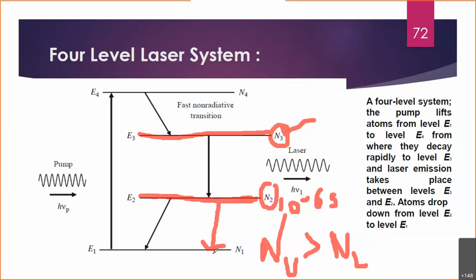Because of that, this has the maximum number of particles, but at the same time here the number of particles is almost negligible, because the lifetime is small. They will come down to the lower level, level number 1. So from level 3 to level 2 you are getting the laser light. This is the general principle of the 4 level system.